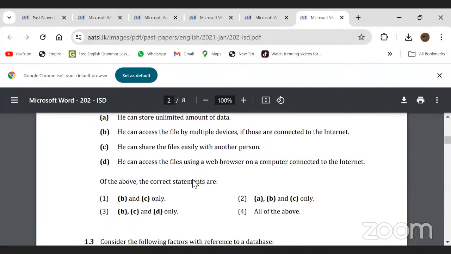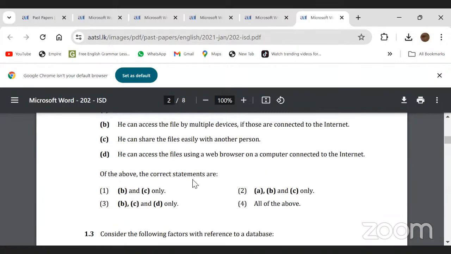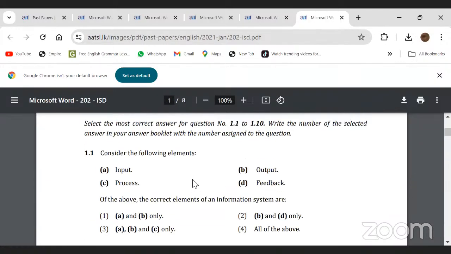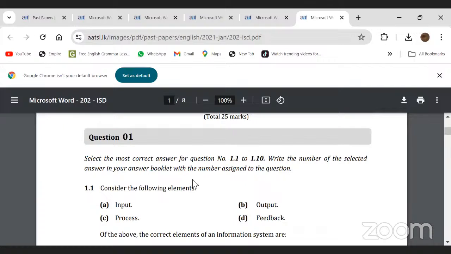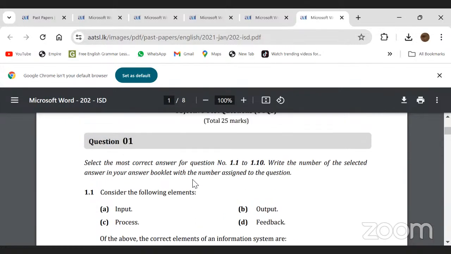Normally, in your syllabus there are 5 main topics, and there is a large syllabus weightage in topic 3, information systems in organizations.